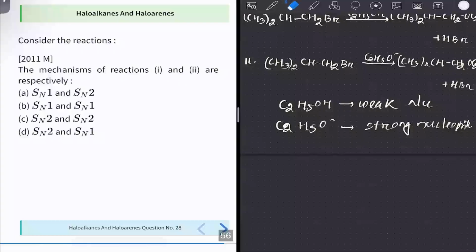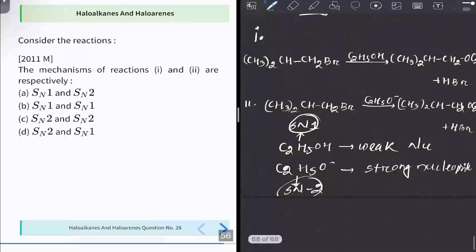So C2H5OH is a weak nucleophile, so it will undergo SN1 reaction. As C2H5O minus is a strong nucleophile, it will undergo SN2 reaction. So reaction 1 will undergo SN1 and reaction 2 will undergo SN2. Option A will be the correct answer here.